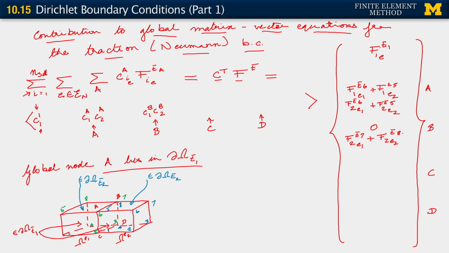Now, let's suppose that no other boundaries of these 2 elements correspond to Neumann boundaries for the global problem. That means that if we look at CA3 as well as CB in the 3 dimension, we would get zeros. So here we would get a 0, and here too we would get a 0.